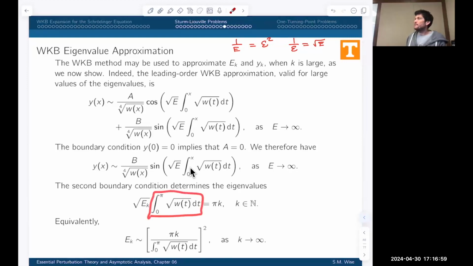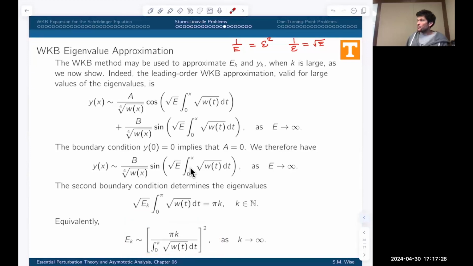W is a positive function. The square root is a positive function. I integrate that, I get something positive. So this whole thing has to be positive. That's why I choose pi k, where k is a natural number. Otherwise, I could say it could be any integer, but it has to be the positive integers. So now I can just solve for these quantized values of the energy. And if I do that, I just get this.